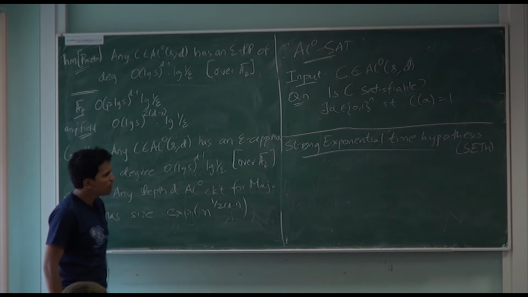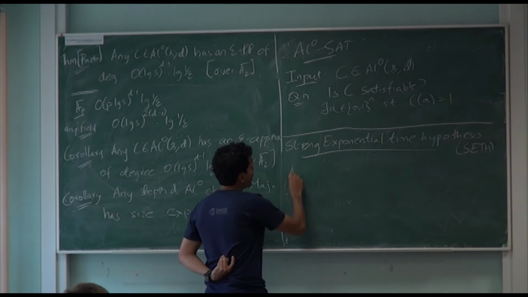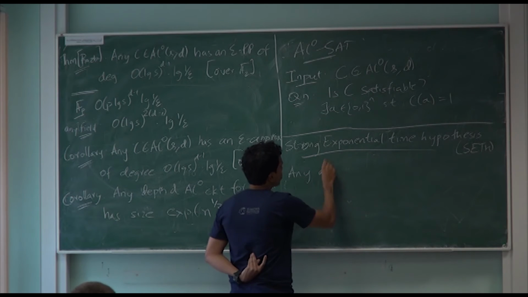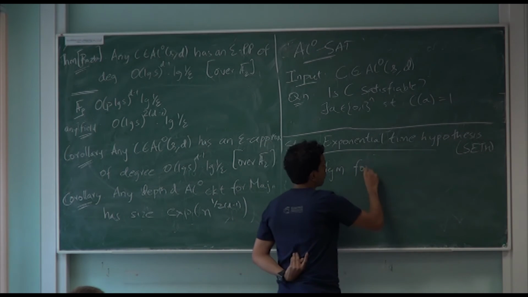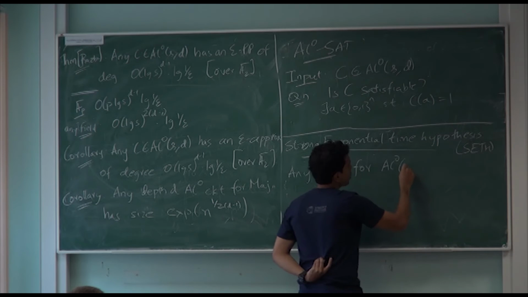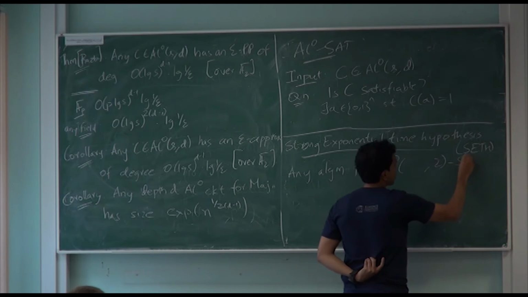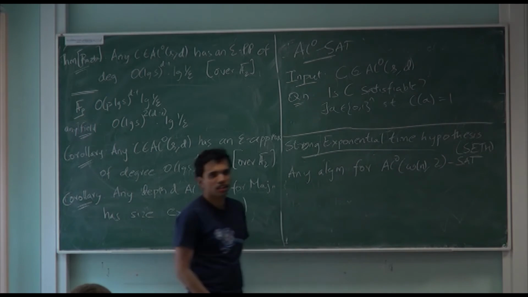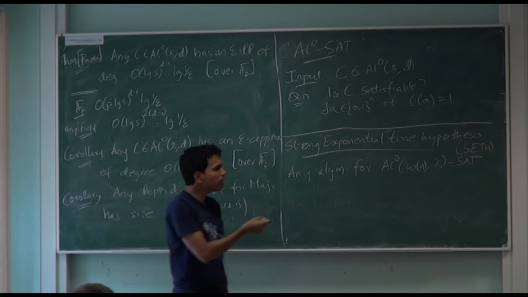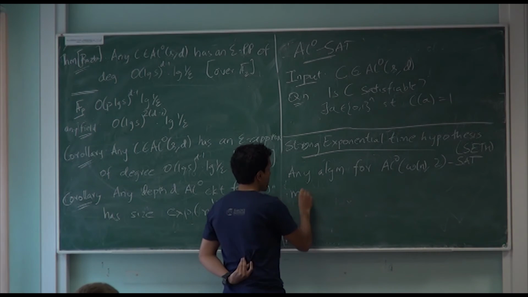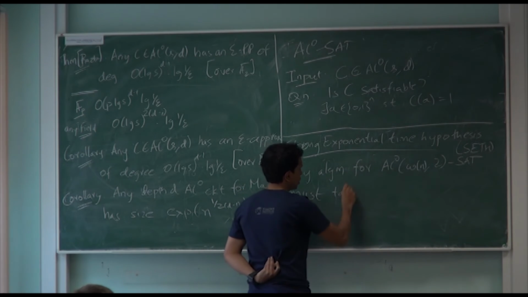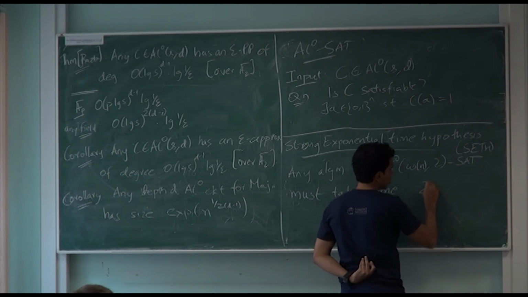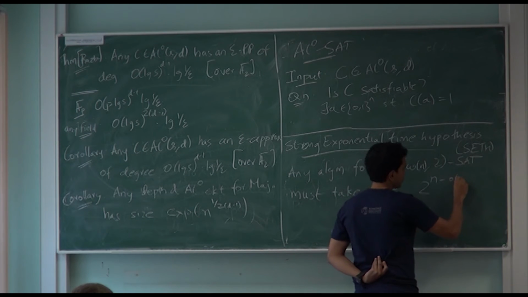What this says, and this is a rough idea, not quite precise, is that any algorithm for AC0 SAT on depth 2 circuits of superlinear size must take almost exponential time, so time something like 2 to the n minus little o of n.